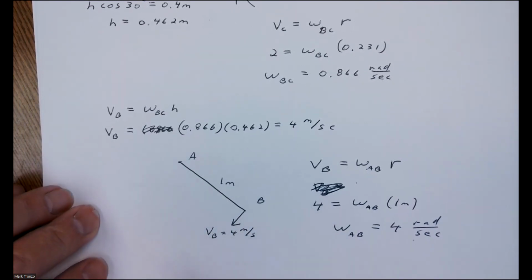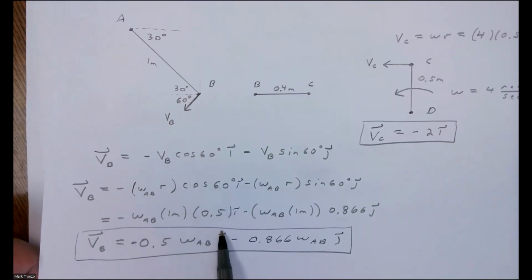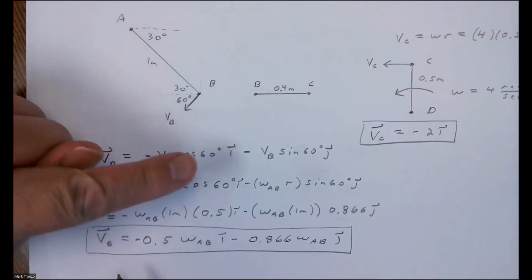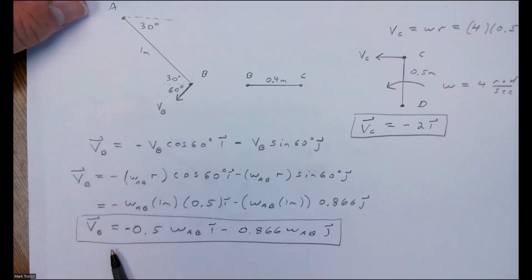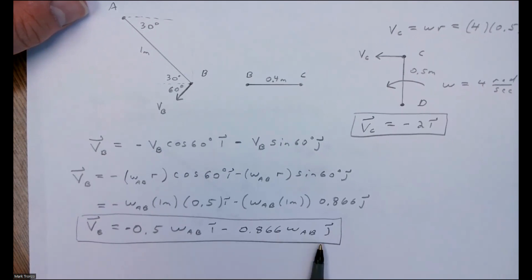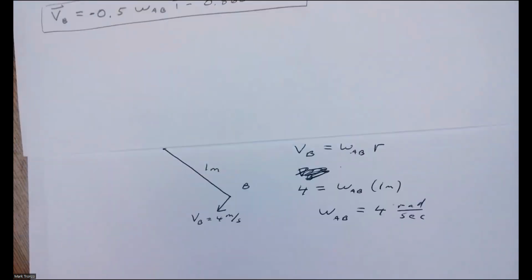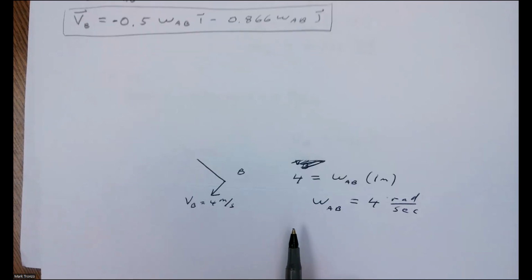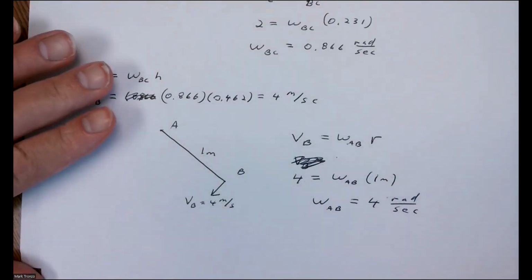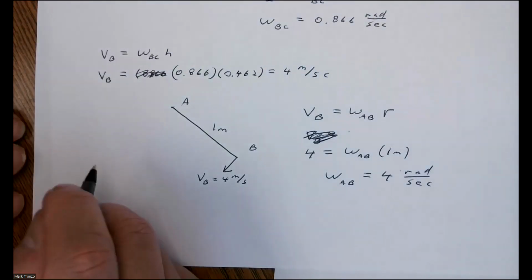Now, one thing I did previously, it turns out we did not actually need all this stuff here for the velocity of AB. You could use this if you wanted to know the actual vector form of the velocity of B. This was not needed for the problem, but we can put this in.